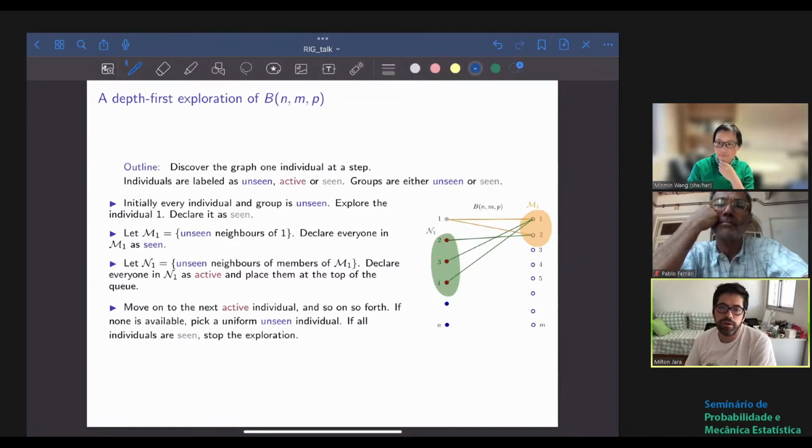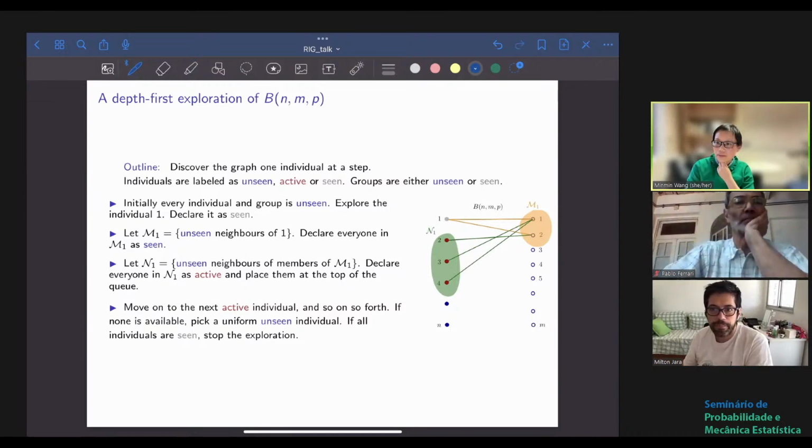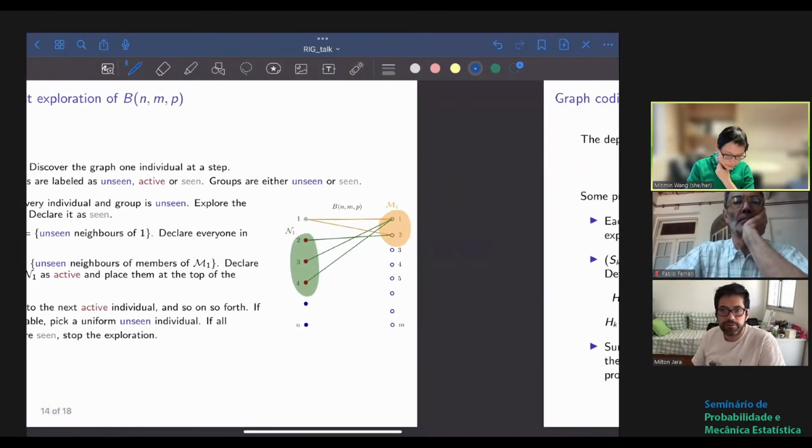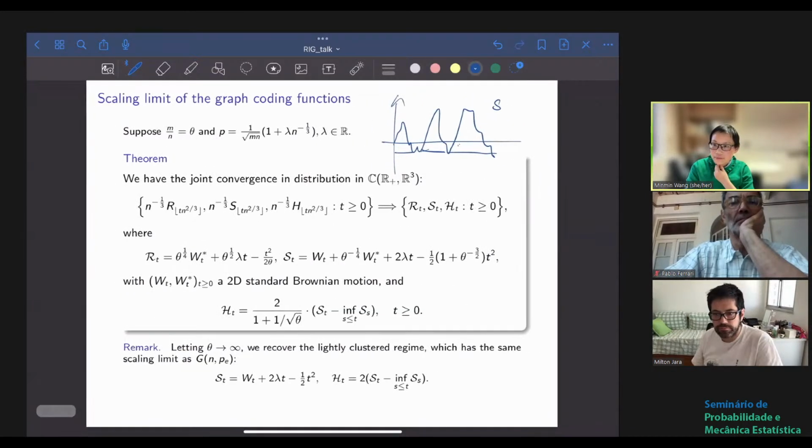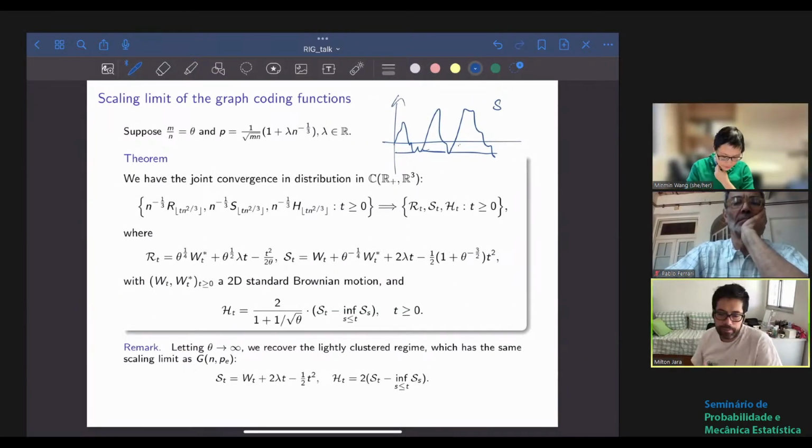So I was wondering if the law of the limiting graph turns out to be absolutely continuous with respect to the limit before putting the cycles, because of course if you put the cycles. Oh, you mean in which way? You mean the moderate regime? So in this thing.